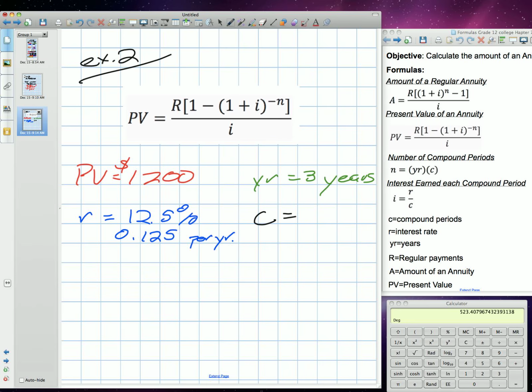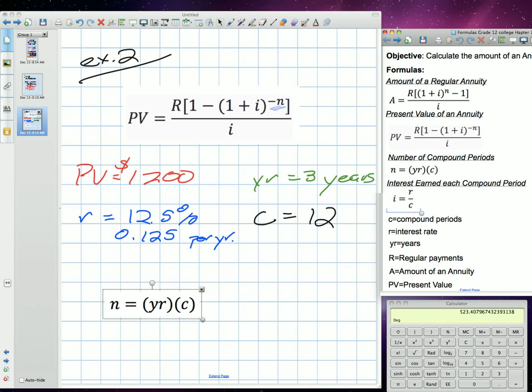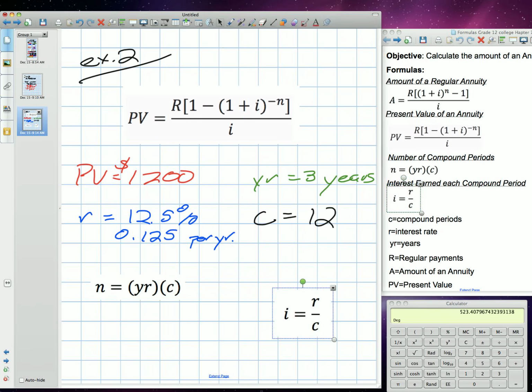Okay? Now again, let's take a look. We figured out what our PV is here, but I need my I and my N. So I actually have to solve for those two again, just like we're going to have to do each question. So we need to use our N formula and the I formula in this question to solve. So our N is going to be multiplying the amount of years by the compound periods.